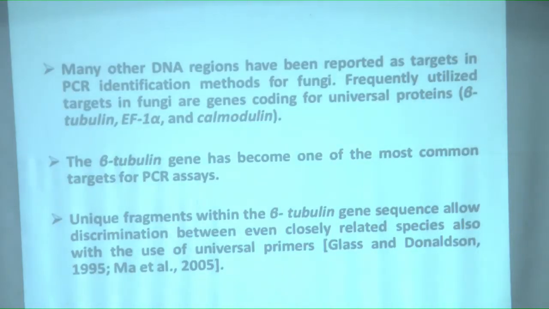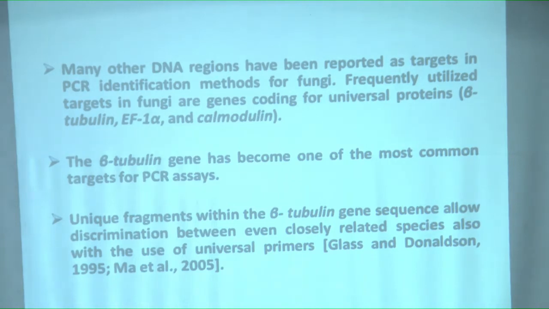Then apart from ITS, IGS and ribosomal genes, you can use many other DNA regions like I told you: beta tubulin, then EF1 alpha, that is elongation factor 1 alpha, and calmodulin also, for marker development.